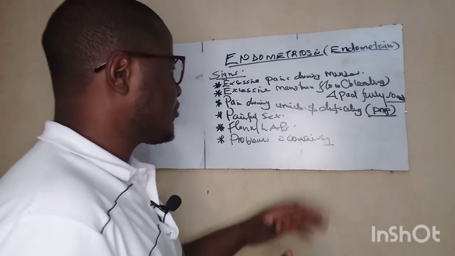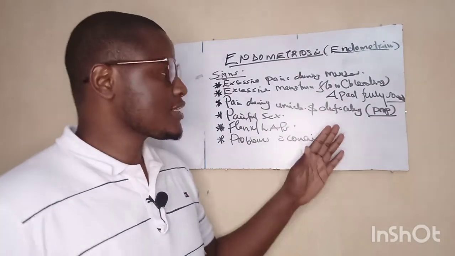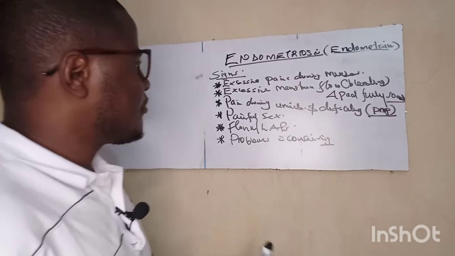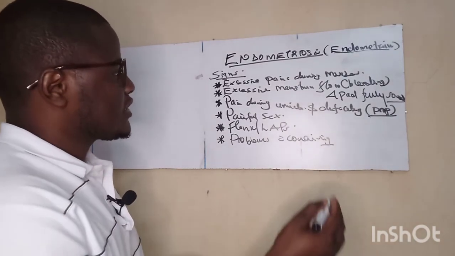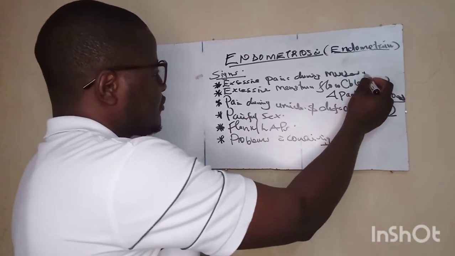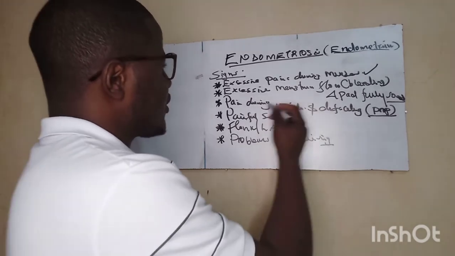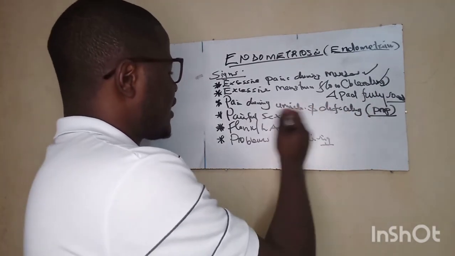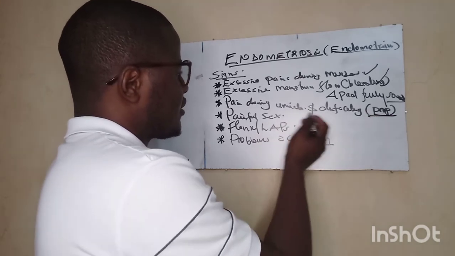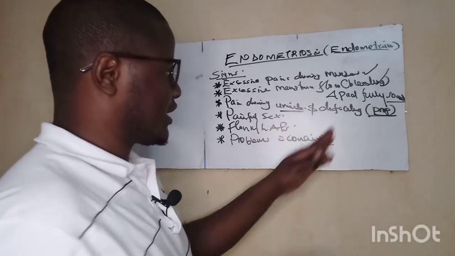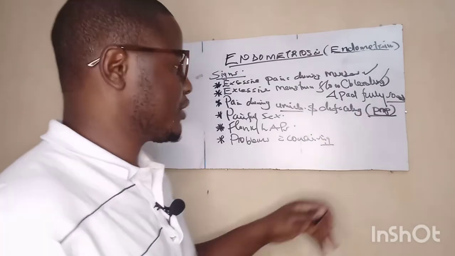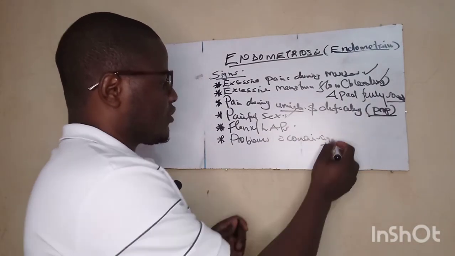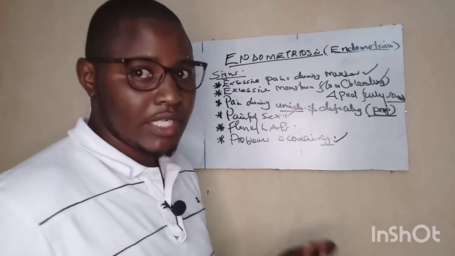So these are the most common signs and symptoms of endometriosis. But the most common ones you will experience are painful menses, excessive menstrual flow, pain when urinating or defecating, especially during your periods, painful sex, and problems with getting pregnant.